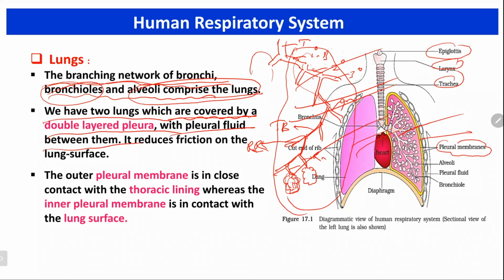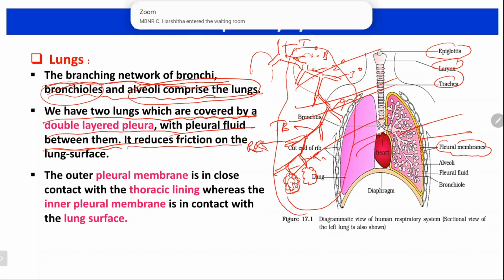In between the outer parietal pleura and inner visceral pleura, there is a space, and that space is called the pleural cavity. Right here I am showing, and that pleural cavity is filled with what? Fluid, right? Pleural fluid is present between these two pleural membranes. In the pleural cavity, pleural fluid is present. It reduces friction.